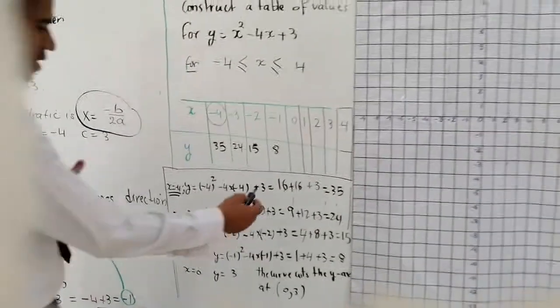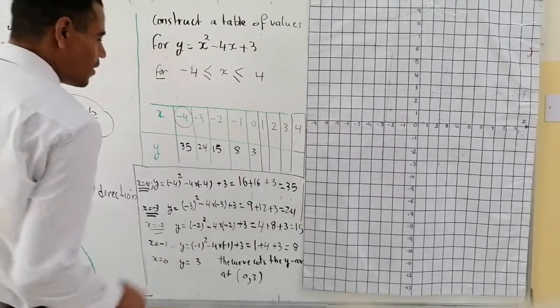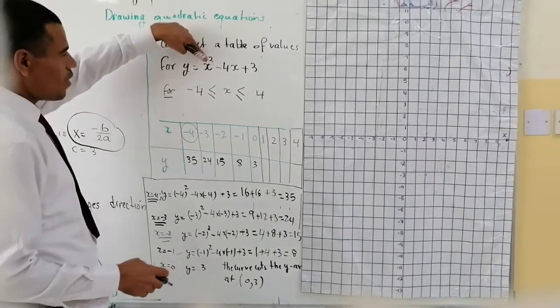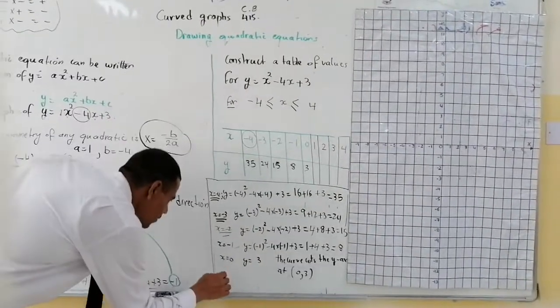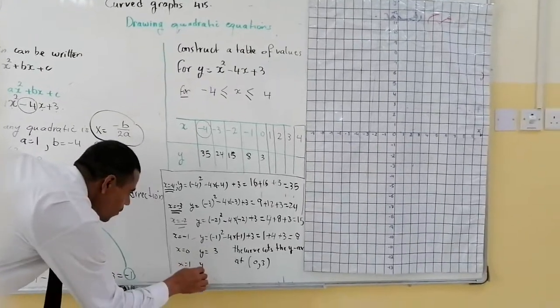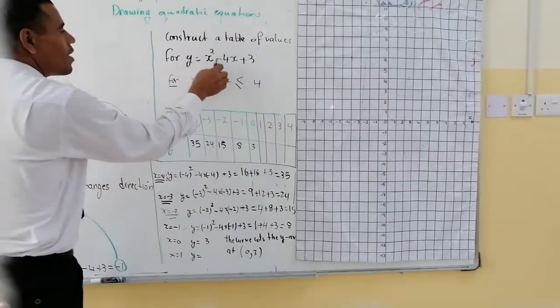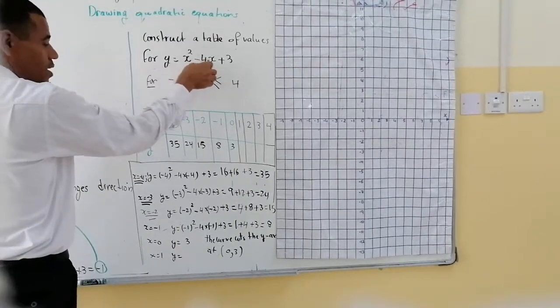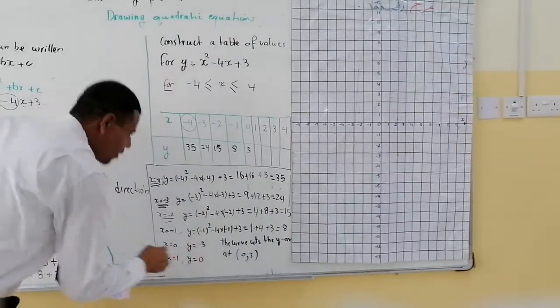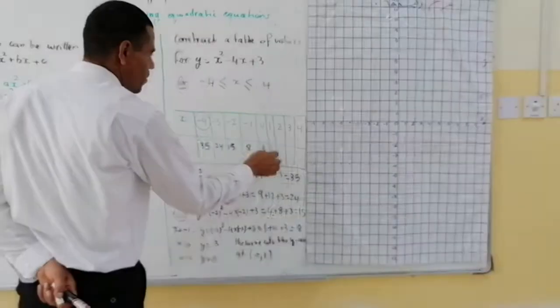Okay, I will just write here, my kids, 3. Then when x equals 1, y equals 1 minus 4, which is negative 3, plus 3 is 0. Okay? I will write here 0.